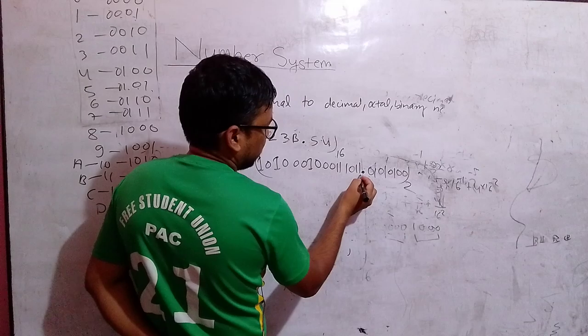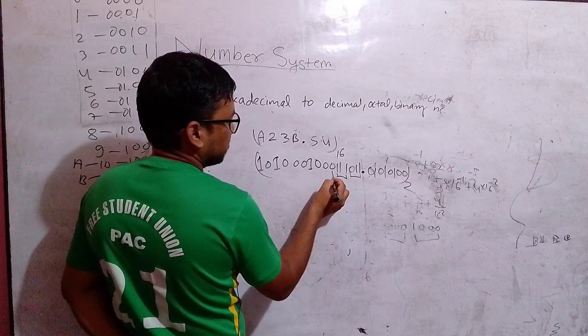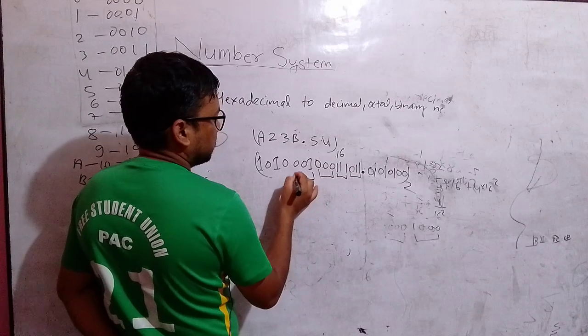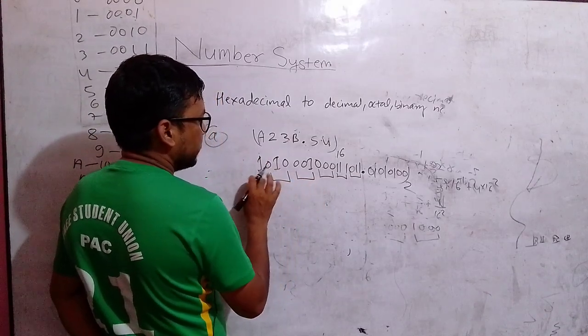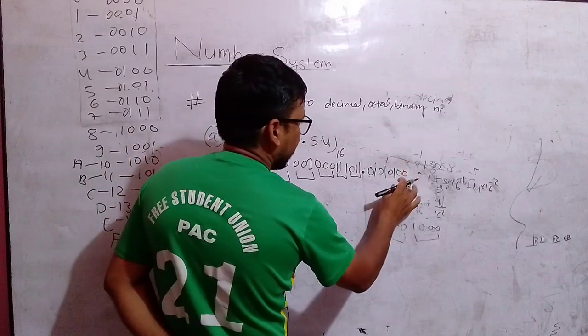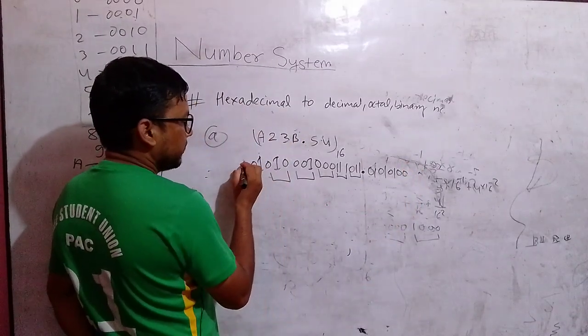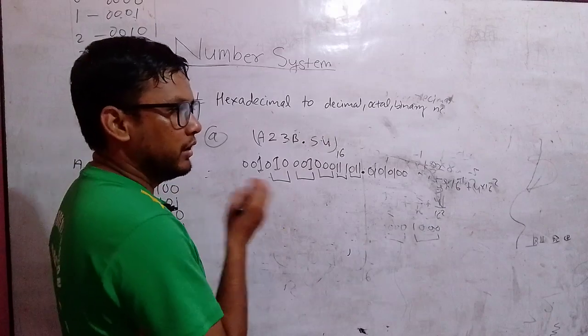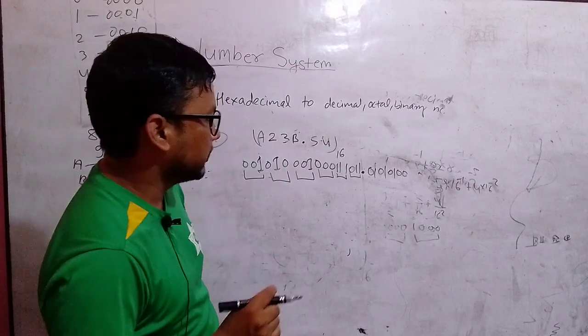Now let's see. One group of 3 digits, another group, another group, and the last group contains only 1 digit, but we require 3 digits. To do this, we can append any number of 0s to the left hand side for the integer part, so that this becomes another group.